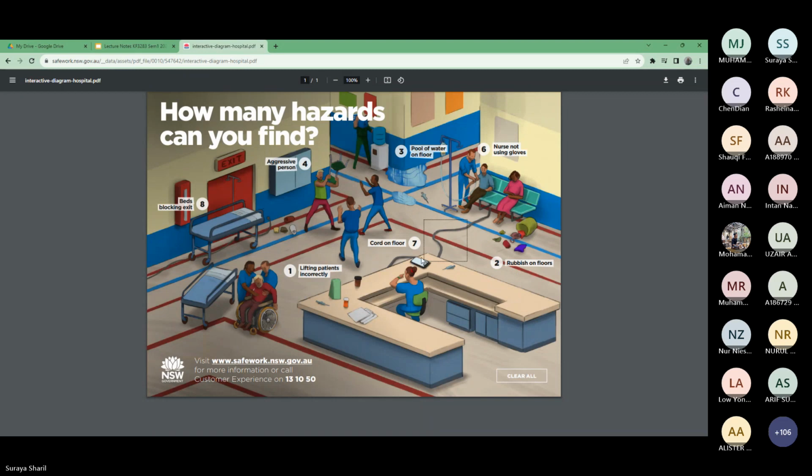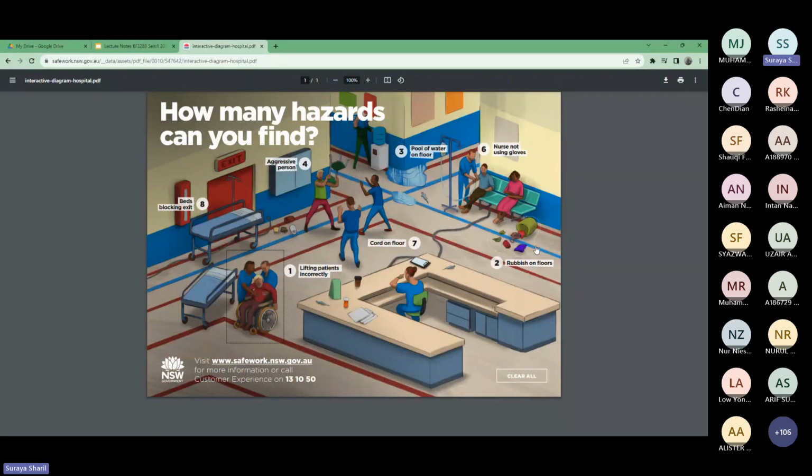Here. Number 5. Page number 5. The water dispenser. Sorry. Yes, the rubbish is under number 4. Here, tripping hazard on the floor. Number 1.